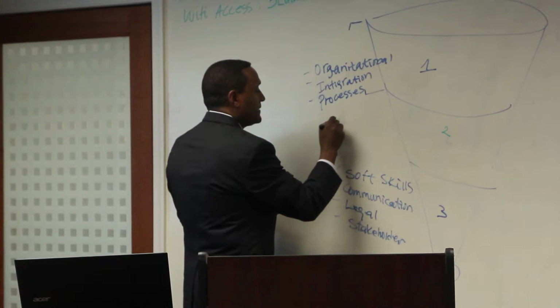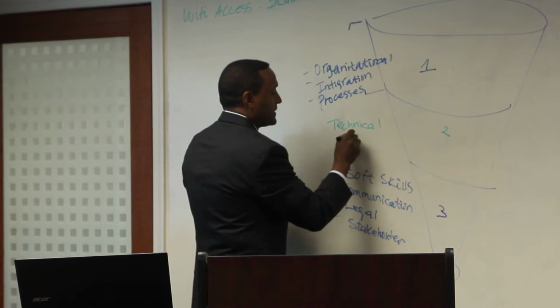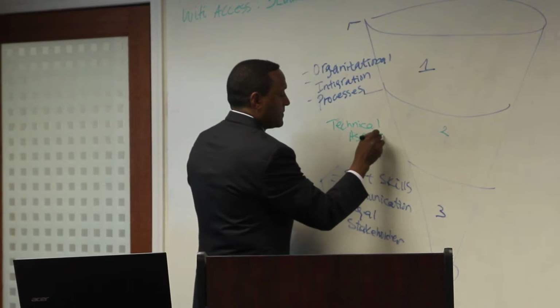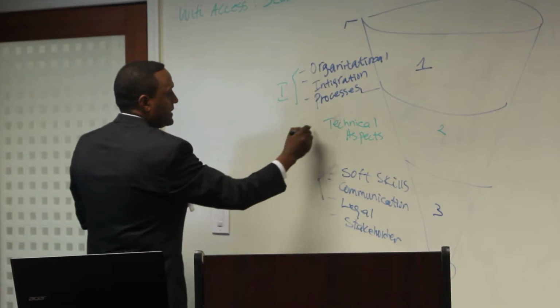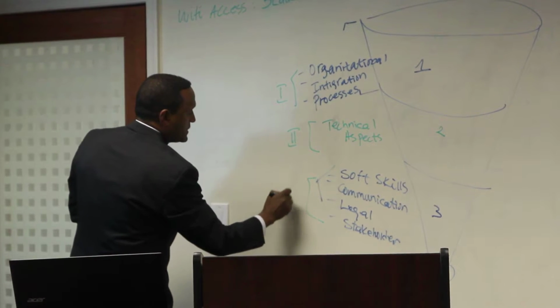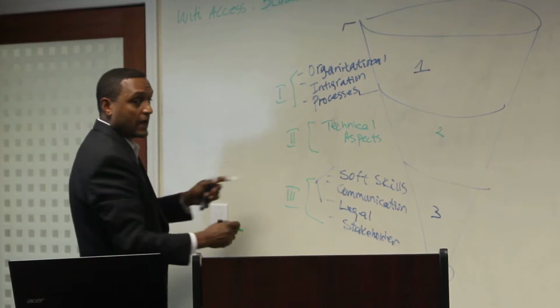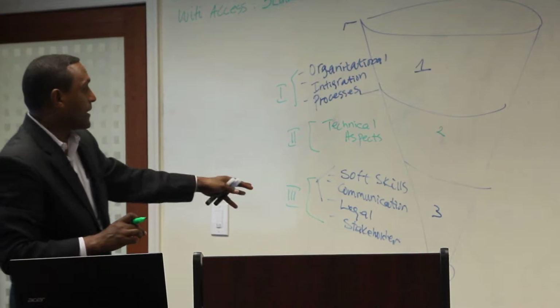So these are technical aspects. When you see here, part 1 is organizational, part 2 is technical, and part 3 is personal, how a project manager should act to accomplish all of that.